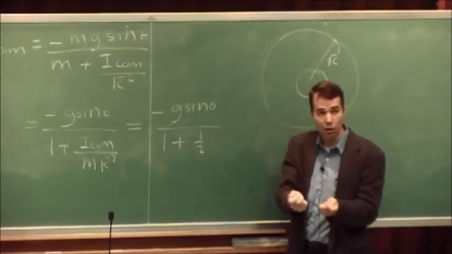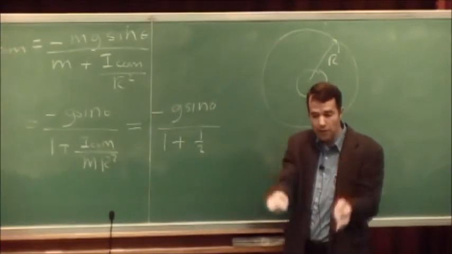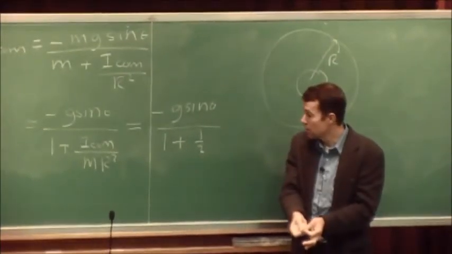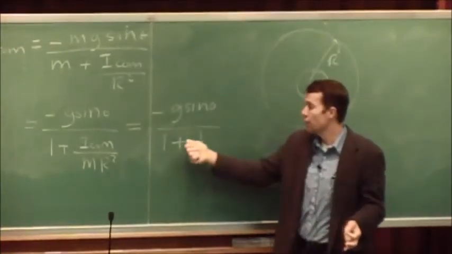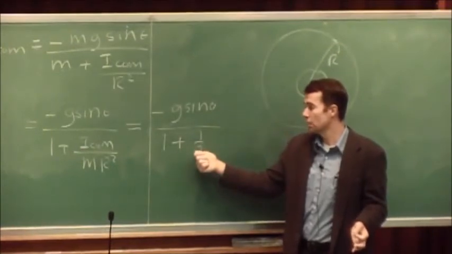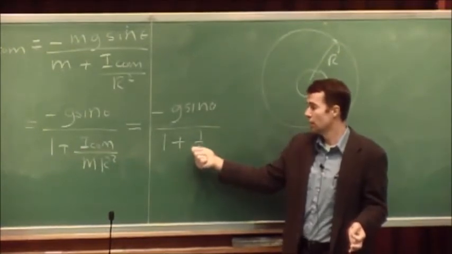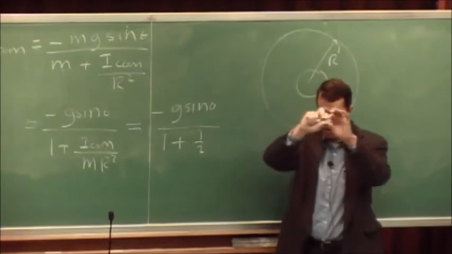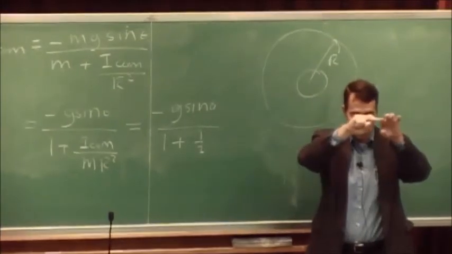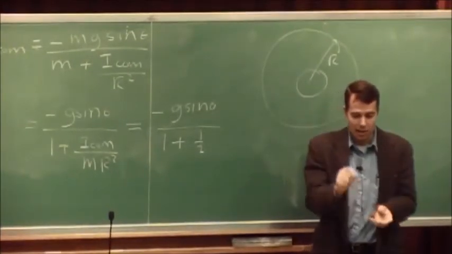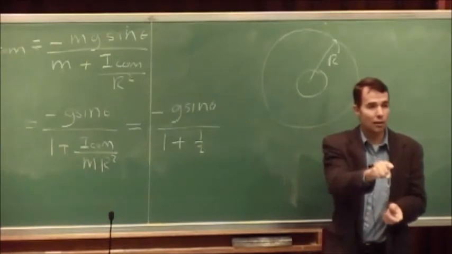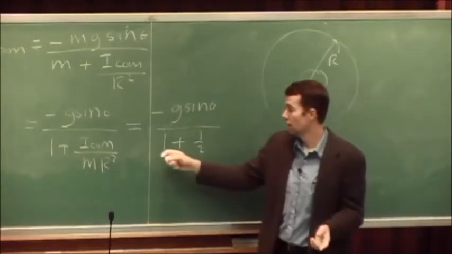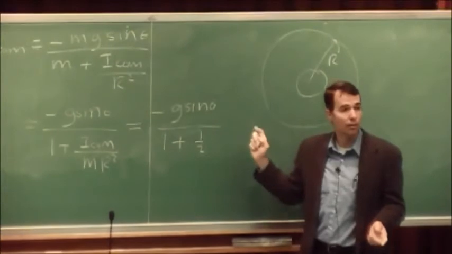A solid disk will roll faster than a ring with all its mass at the edges. And if you get more and more mass closer to the center, if you imagine something rigid but with no mass except right at the center, it would just be 1.